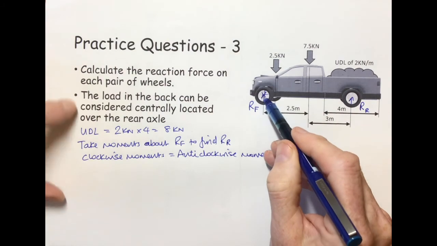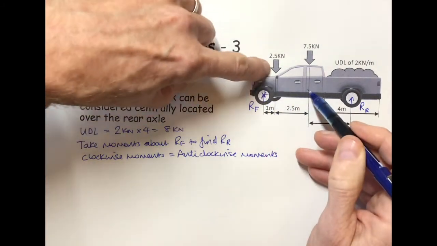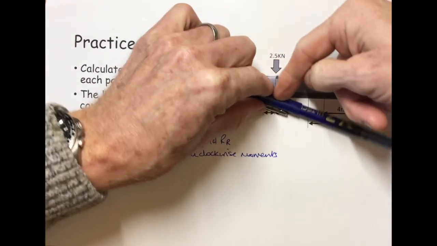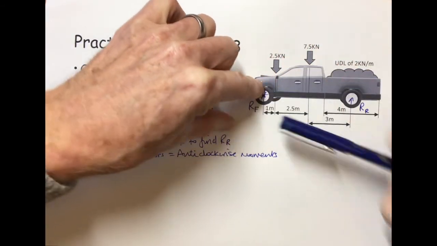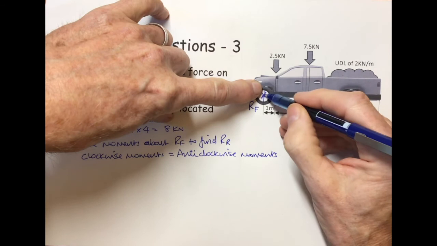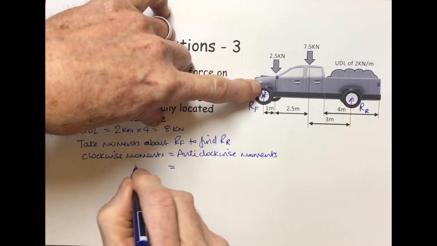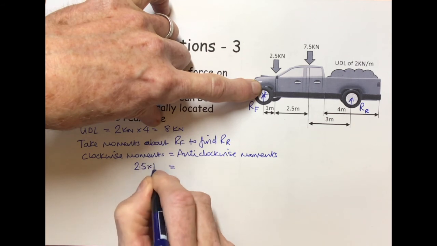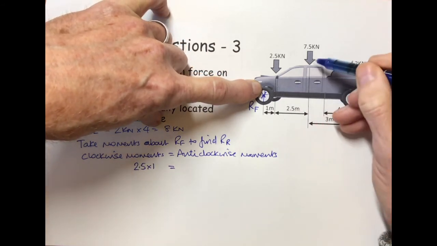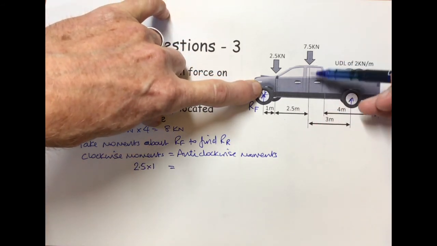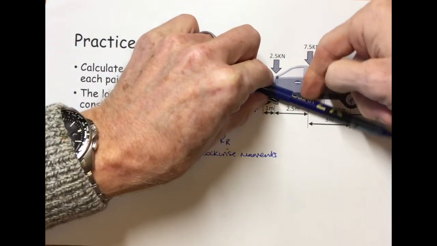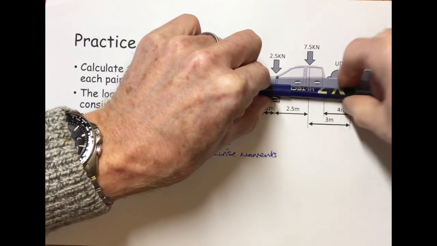So taking moments about here, this force here, if we're pivoting there, is going to push down. That will try and turn in a clockwise direction, so that's 2.5 times 1, on the clockwise side. The next one here, which is in the middle of the vehicle, again, pivoting about there, is going to push in a clockwise direction.